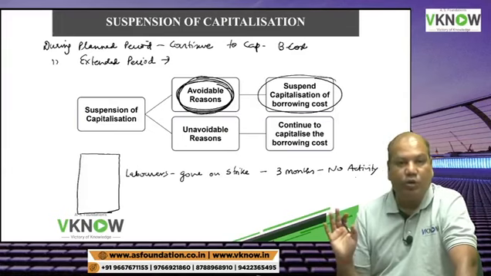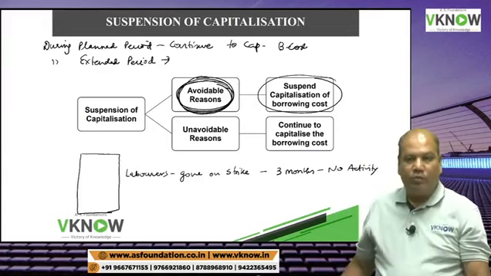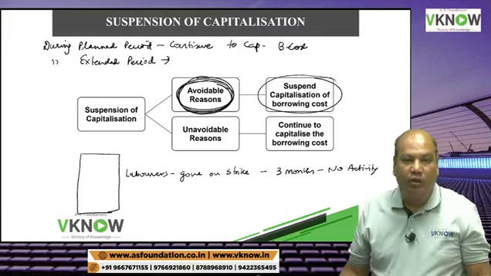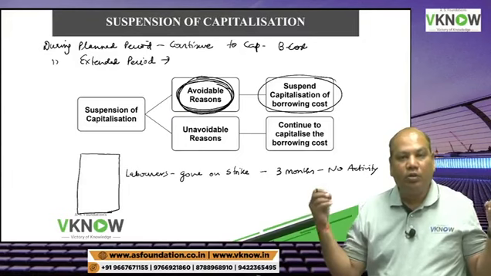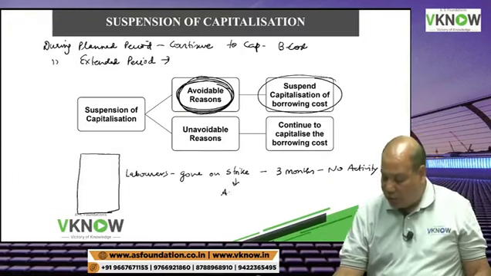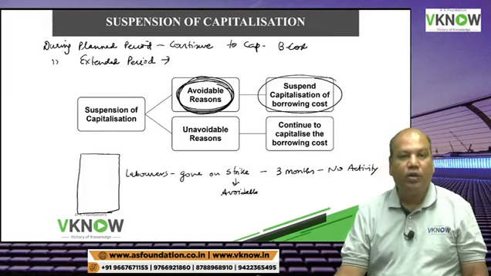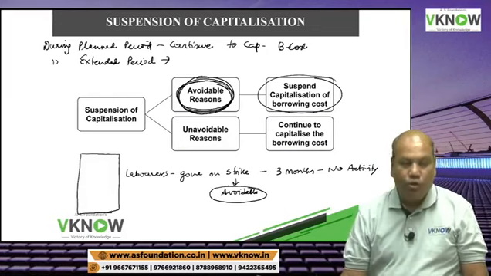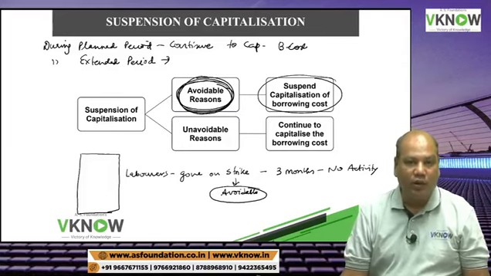Activity must be in progress to convert your capital WIP into your PPE, or to convert WIP into inventory. But for 3 months there was a strike, no activity happened. Strike is an avoidable event because you have to plan your relationship with workers in advance.